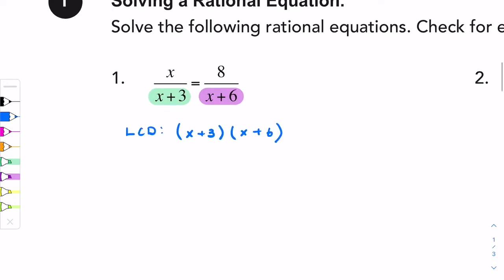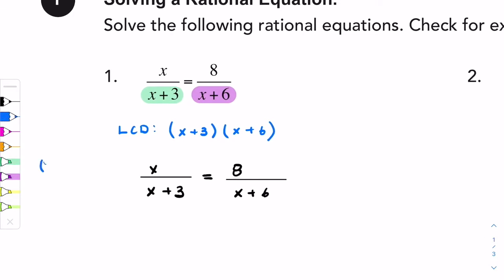Once you identify the lowest common denominator, you need to multiply both sides of the equation by that common denominator. So we're going to multiply the left side of the equation by x plus 3 times x plus 6.